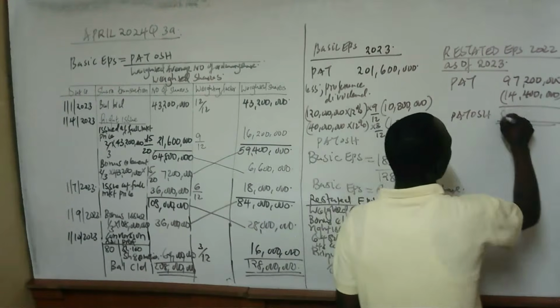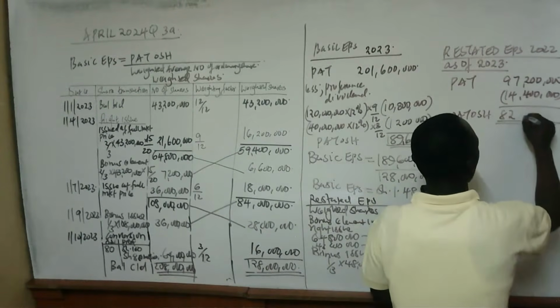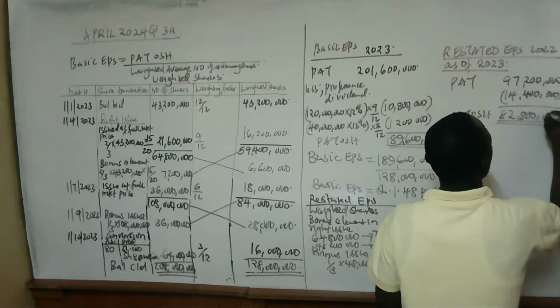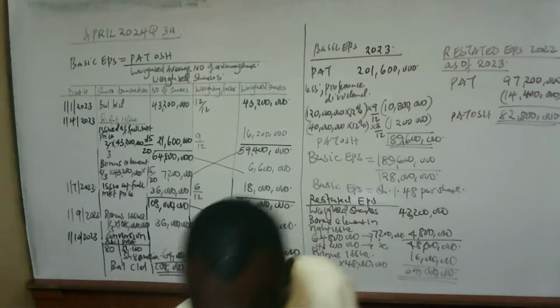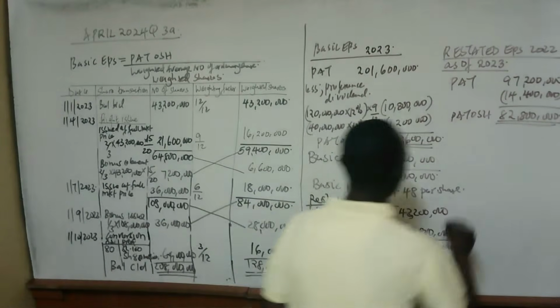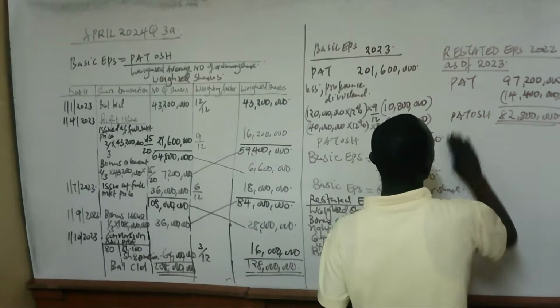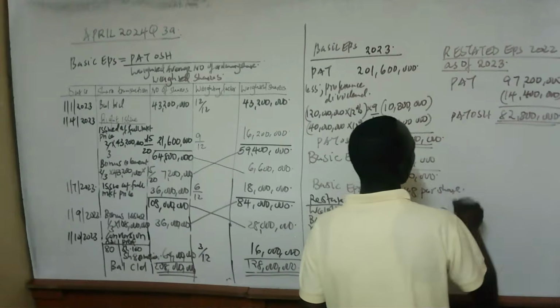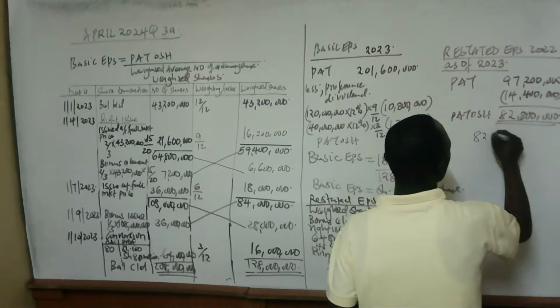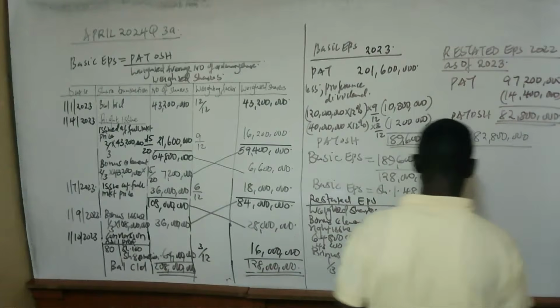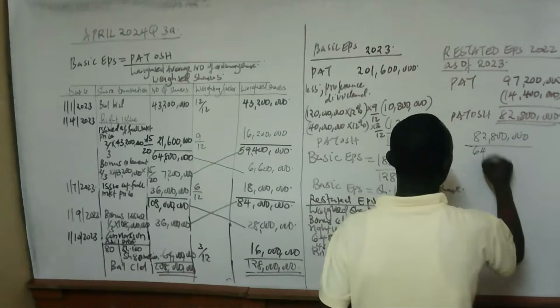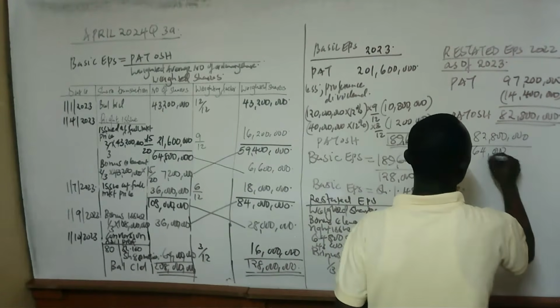Then we are getting 82,800,000. 82,800,000. Then from there, we can get our basic what? Not basic, but restated EPS, where we are going to take 82,800,000. Then we divide by what? We divide by 64 million.